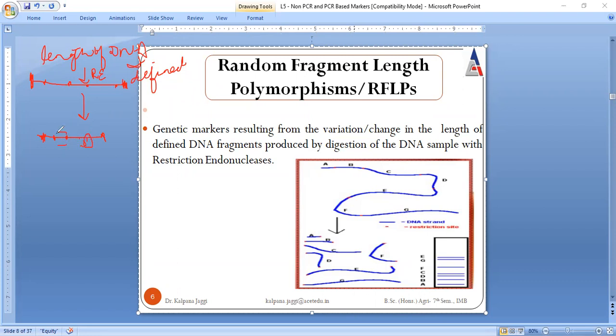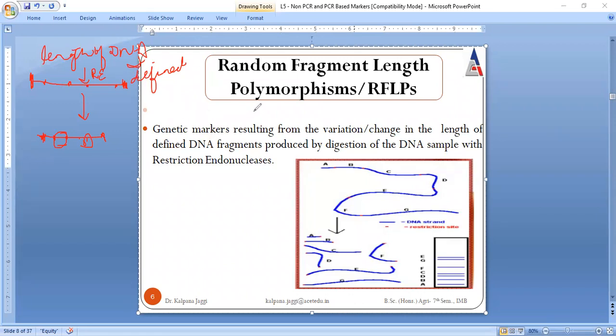This is one and these are the two. So markers which result from the variation, that means from the change in the length of a defined DNA fragment, those DNA fragments which are produced as a result of digestion of the DNA sample are said to be molecular markers, or genetic markers.